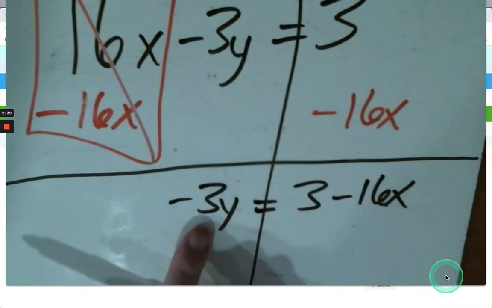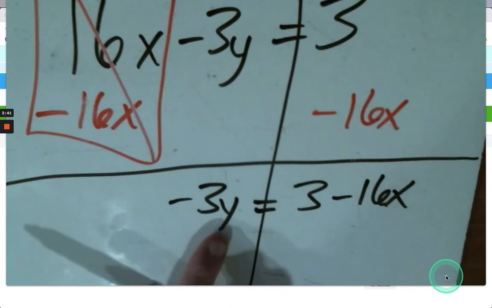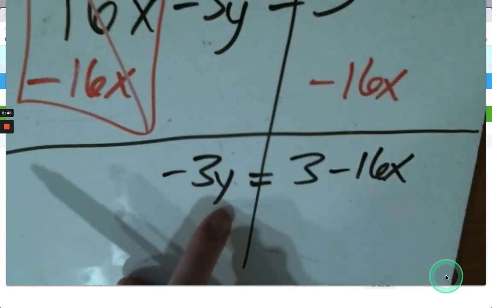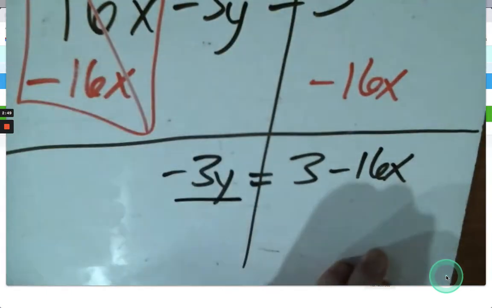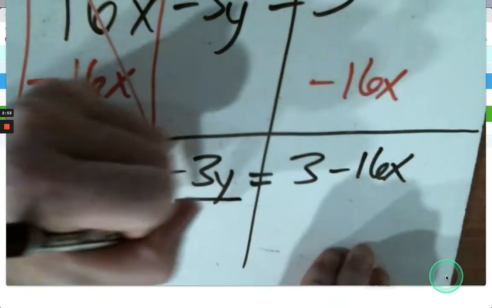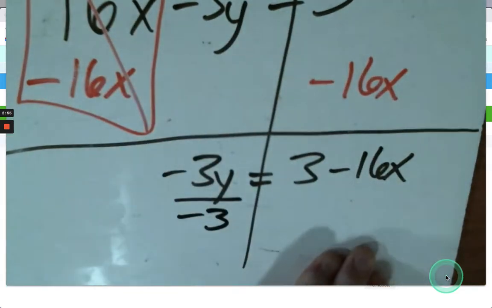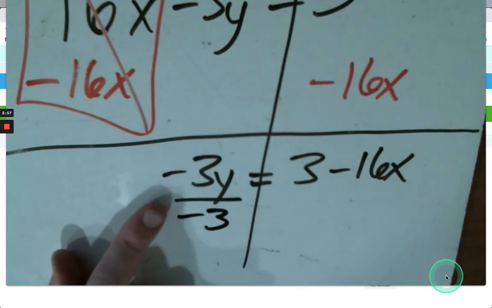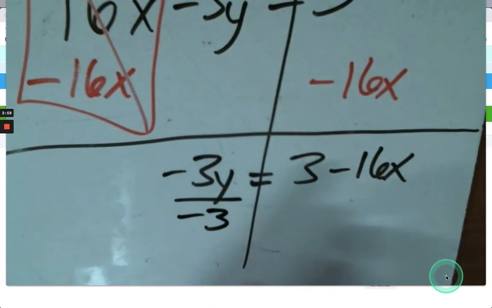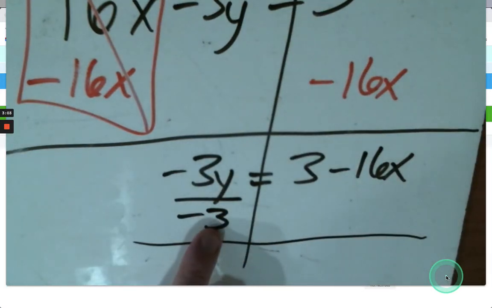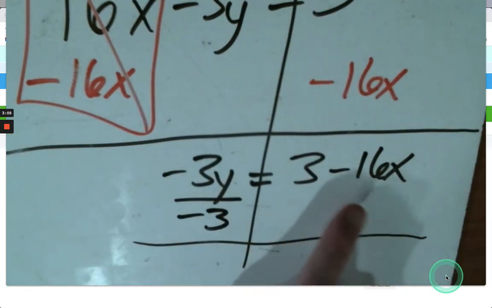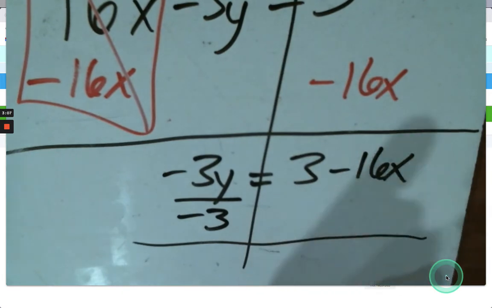We need to get rid of this negative 3 that is multiplied with the y. As you may recall from last year, the inverse operation that cancels out multiplication is to divide. I'm going to use a fraction to show division. You could write a division sign, but I think it's easier to just use the fraction. Anything I do to one side of the equation, I'm required to do the same operation to the other side.